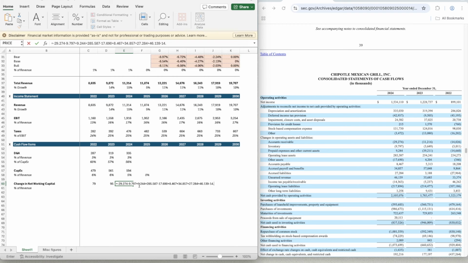Actually, no, we've got 2025 to do as well. Okay, let's just get what this is as a percentage of revenue.